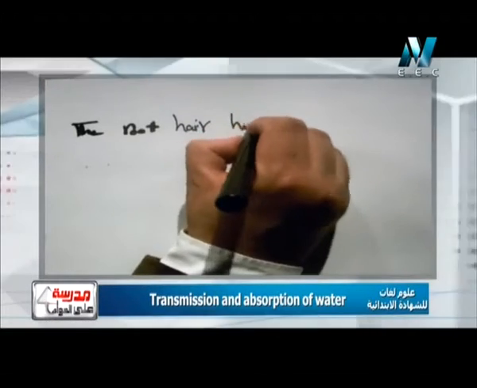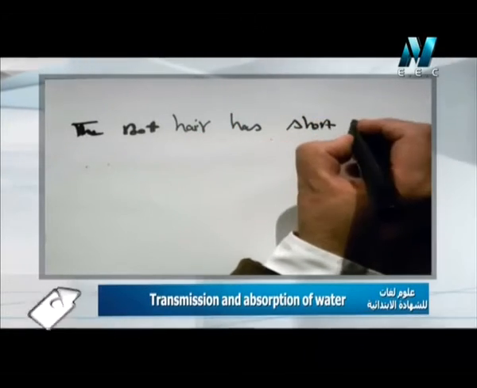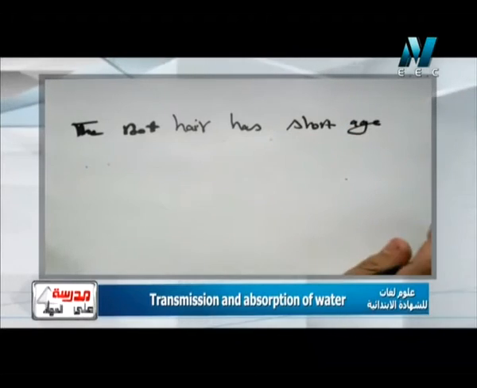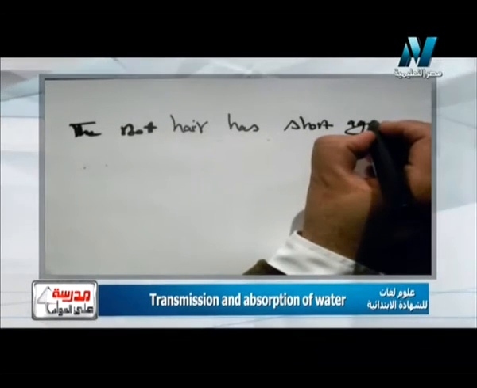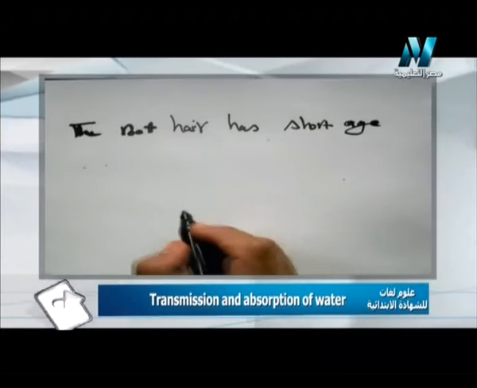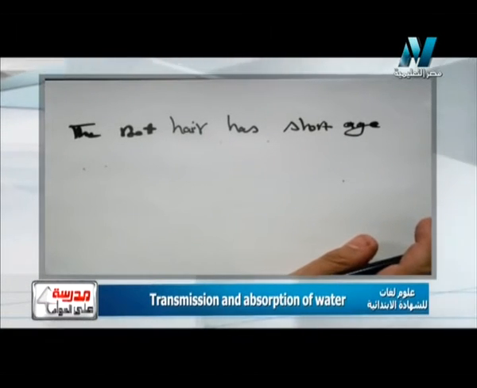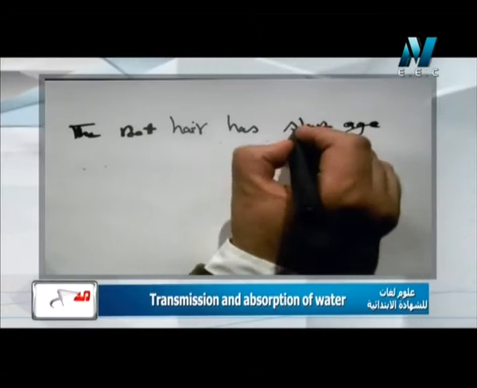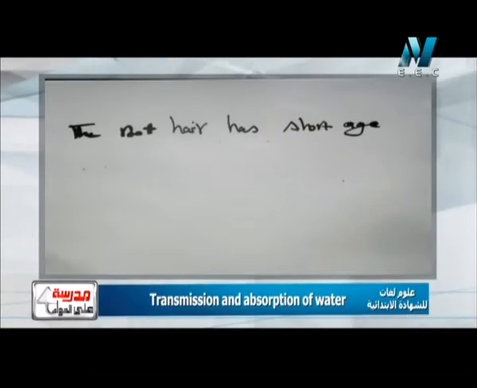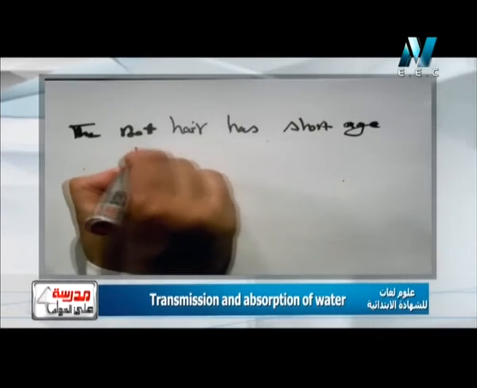Okay, Mr. Yasser? After a while, give me a chance to prepare a very important video about the process called osmosis. It is short-lived. Yeah, short-lived, or short age. Why? Because it sloughs from time to time.